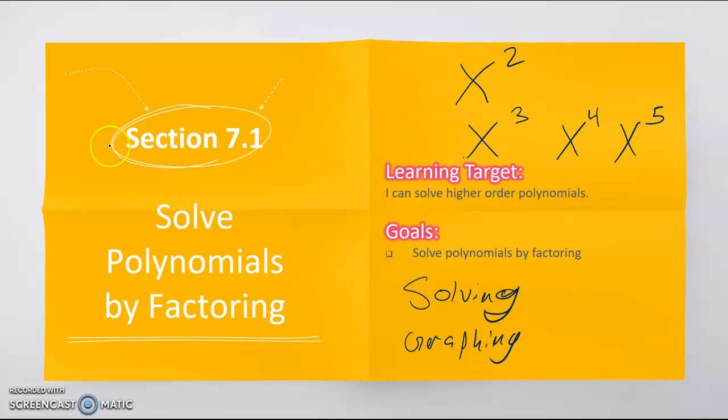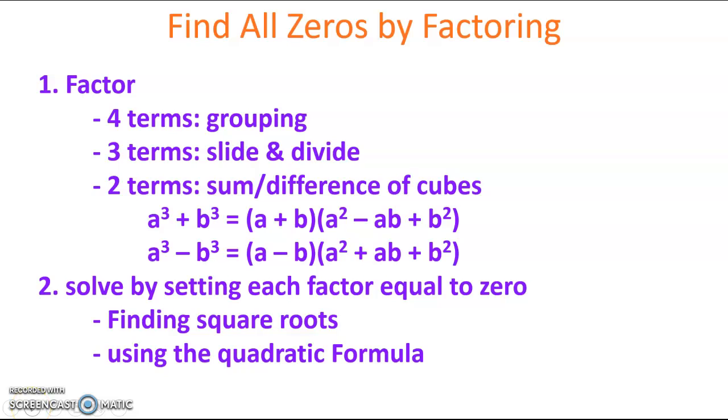Right now we're starting off with section 7.1, which is solving by factoring, something we've already done before. We know how to solve by grouping, we know how to do three terms. They say slide and divide here. I like saying solving with trinomials, which I use the little x thing for, which I'll show you in a second.